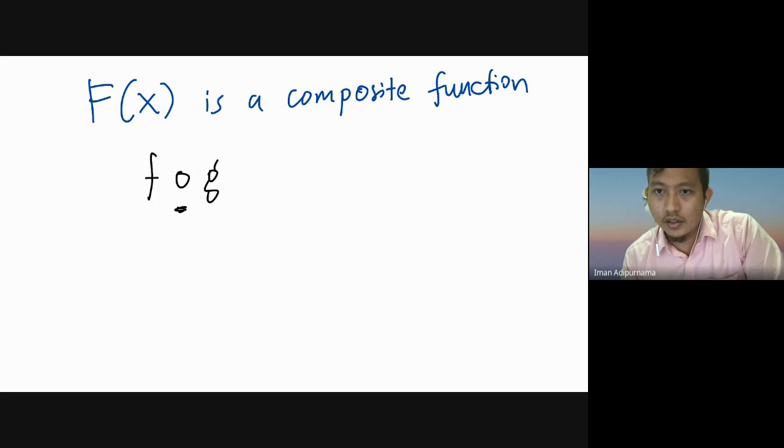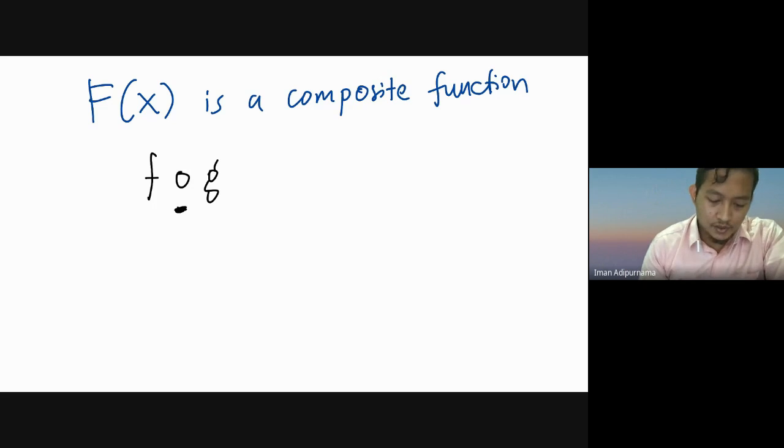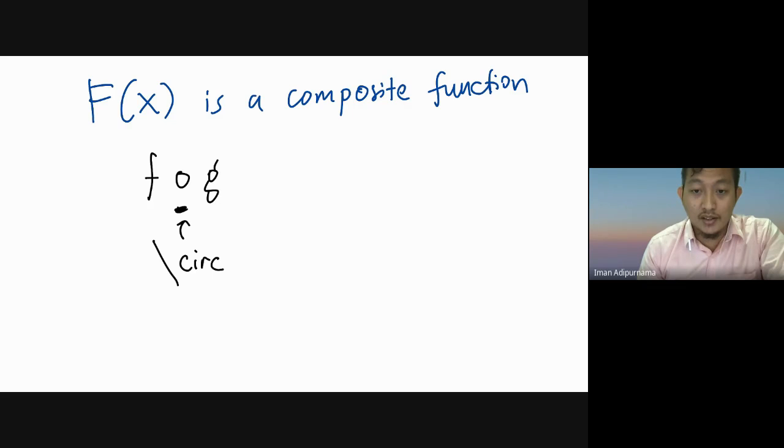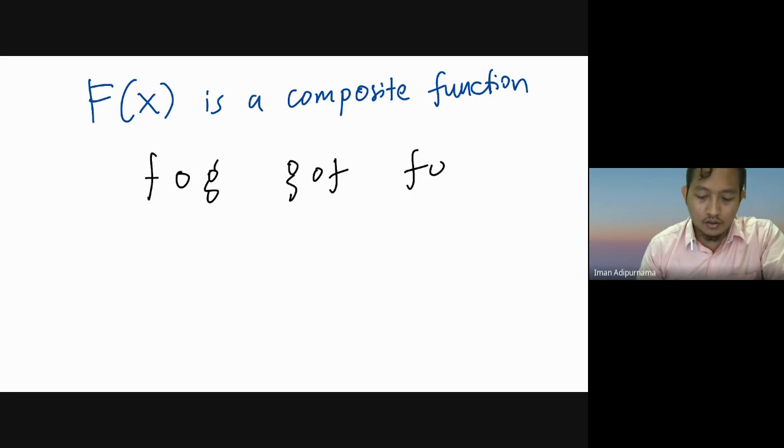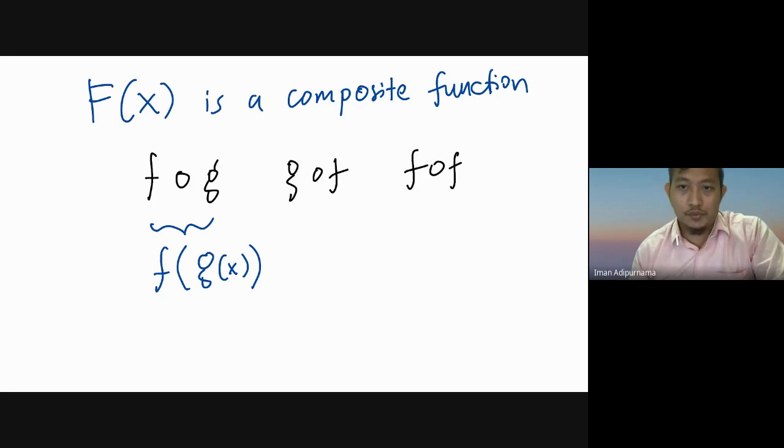Sometimes I forget, so I google how to write it in LaTeX, and then oh yeah, you need to write circ. It looks like f circle g, or g circle f, or f circle f. So this means g is inside f. So it's a function inside a function, correct? That is pretty much the idea. Okay? A function inside a function.